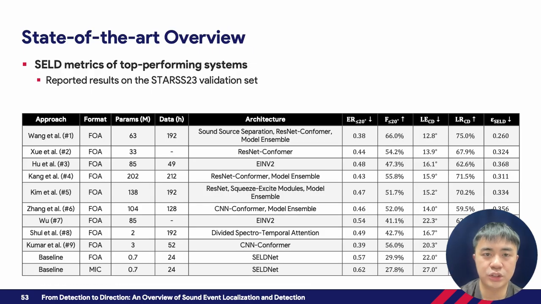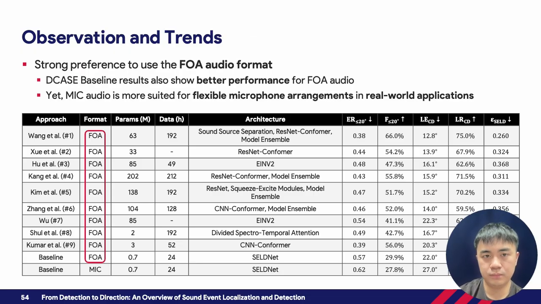So the table here shows the SELD metrics for top performing systems on the STARSS23 validation set. Now on the far right, you can see the combined SELD score, where lower is better. So looking at these results, we can see some clear trends. The first is a strong preference for the FOA audio format.